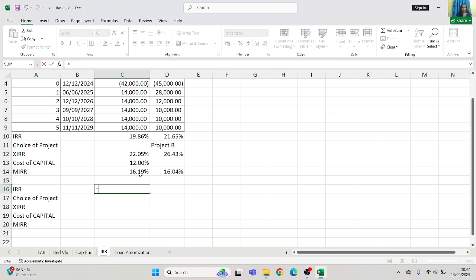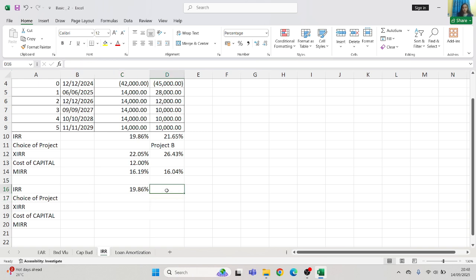We press equal, then we type IRR, tab, values, guess. Here is IRR for project A, 19.86%.